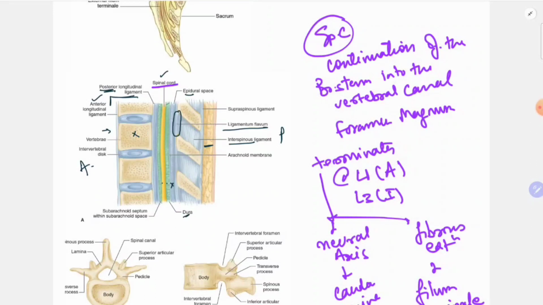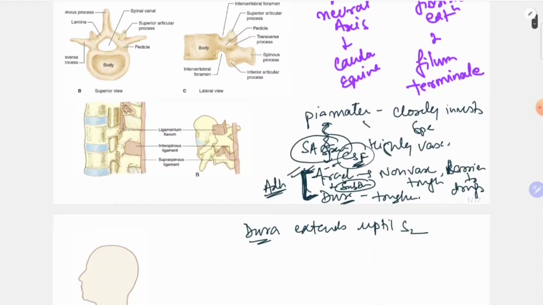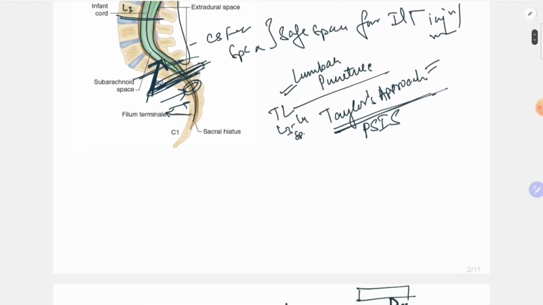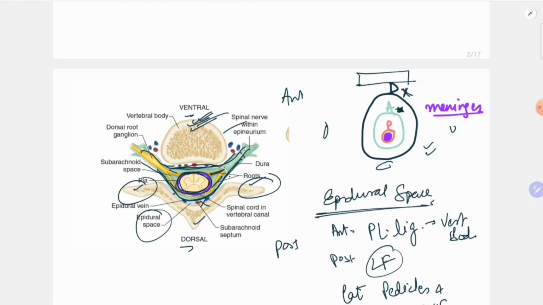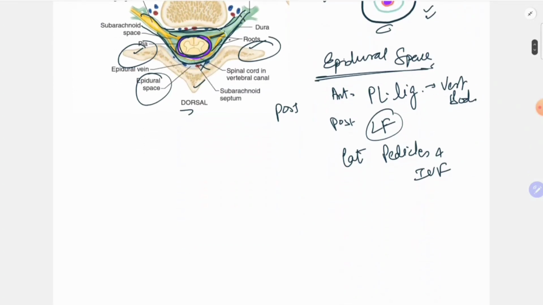So the epidural space, if you understand by this diagram, posteriorly is bound by the ligamentum flavum and anteriorly it has the posterior longitudinal ligament. These are the immediate relations. And laterally, as you could see in this diagram, you will have the pedicles. So this is about the boundaries or relations of the epidural space.